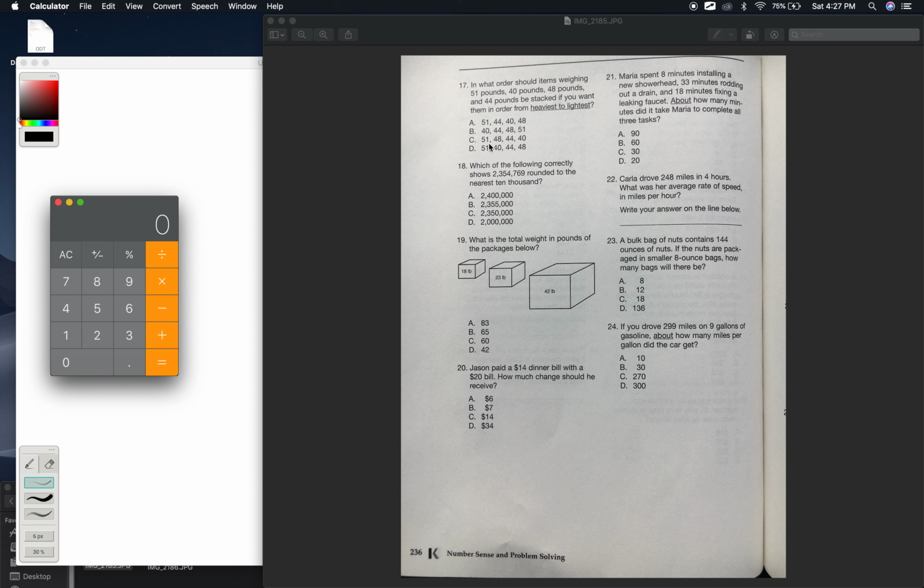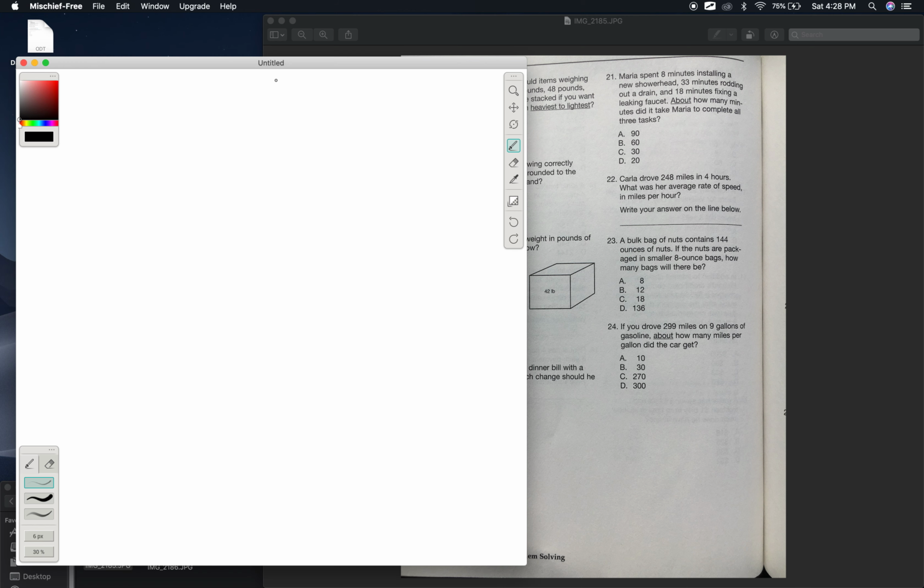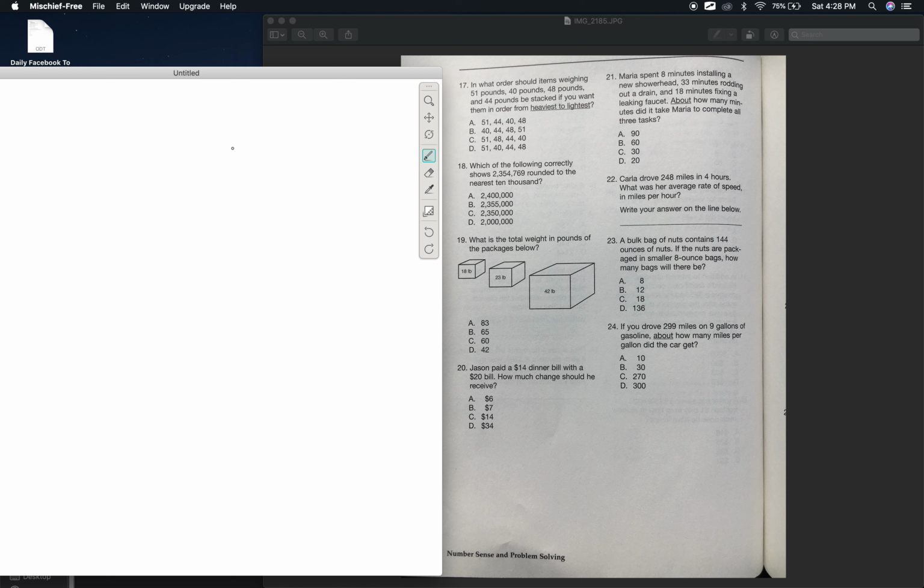If you know your basic numbers, it's 51, 48, 44, 40. If you're not aware of that, they indicated to always start with the first digit of each number, and whichever has the highest digit. These are all 4s. This one has a 5, so we know that's the highest, so that number would go on the bottom, 51.